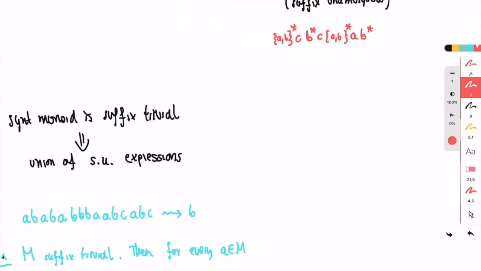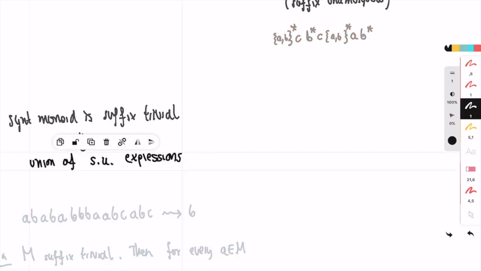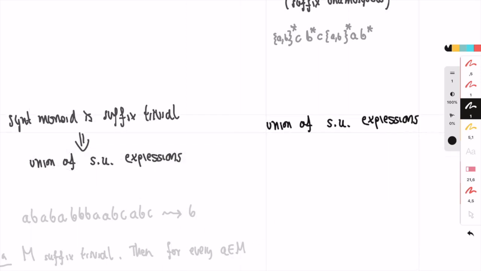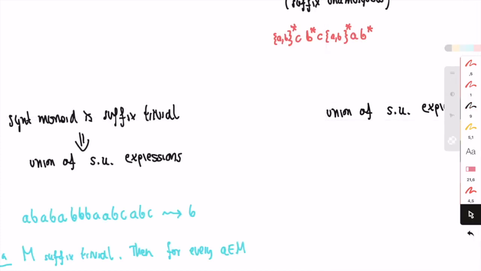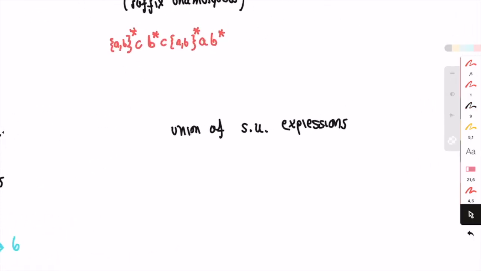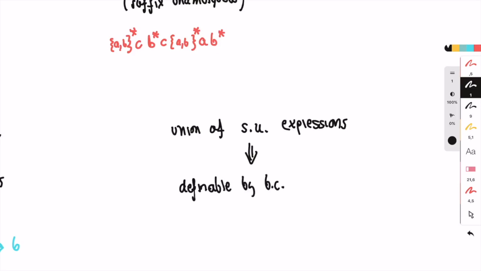Now let's show that a union of suffix unambiguous expressions is in fact definable in the logic LTL, by a Boolean combination of formulas finally phi, where phi uses only LTL with the finally operator.